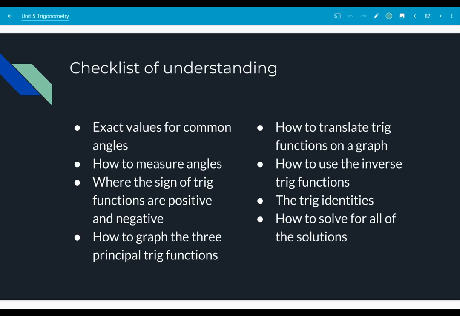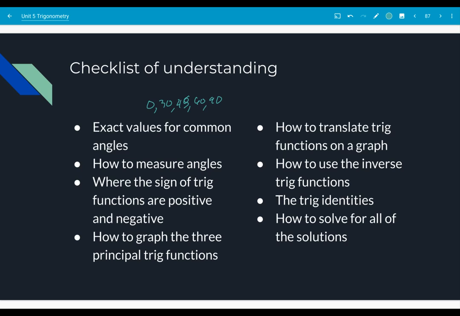So this is the last video in trigonometry. You should have the exact values for common angles. So that's 0, 30, 45, 60, and 90 degrees. You should understand what an angle is and how to measure it, positive and negative. Sign of trig values in the different quadrants.